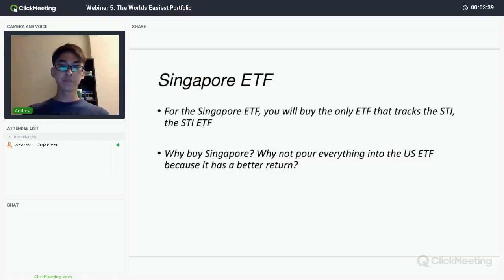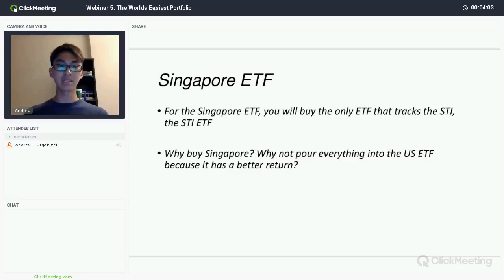Well, this is because you want to have an ETF that has higher liquidity. If the Singapore to US currency exchange rate is fluctuating a lot, it's very volatile, and it is disadvantageous to us when we sell it, then some returns might be lacking. Some returns might be negated in a way because of currency fluctuations.